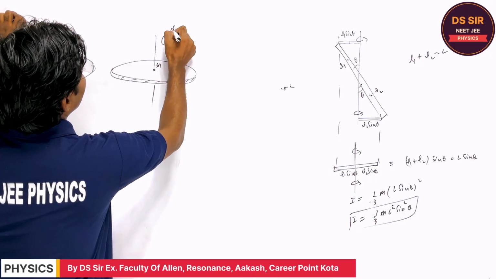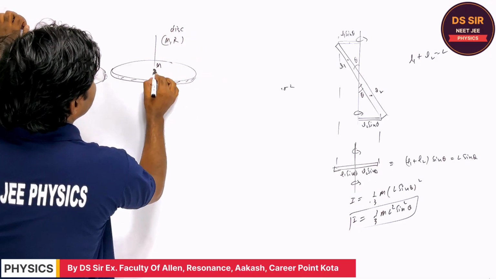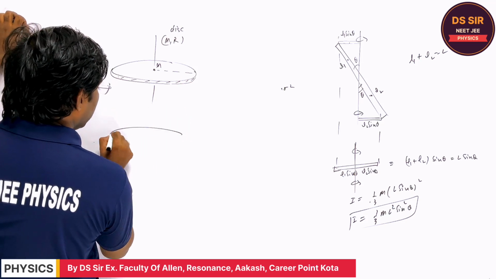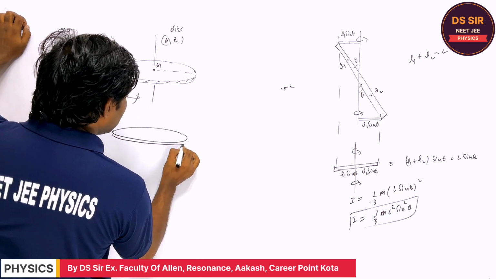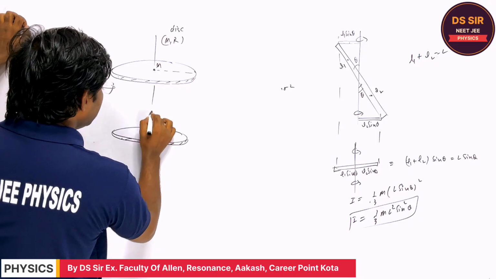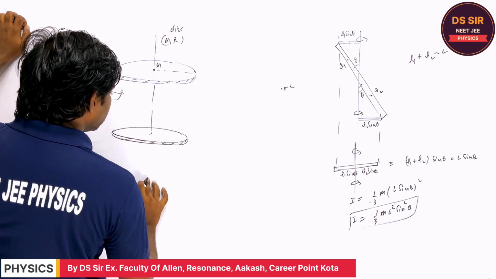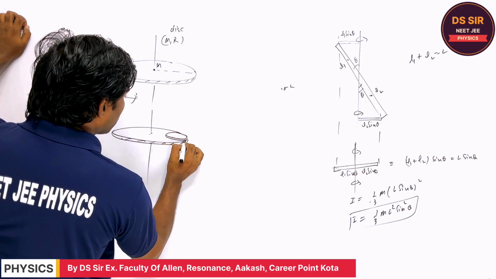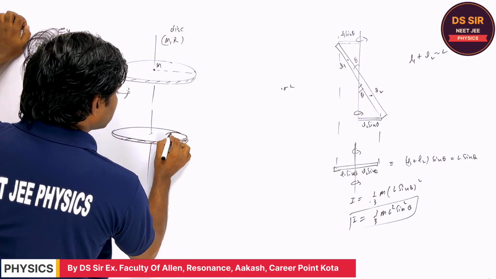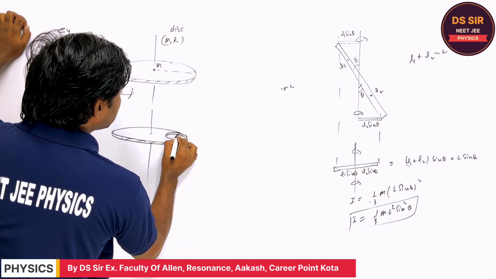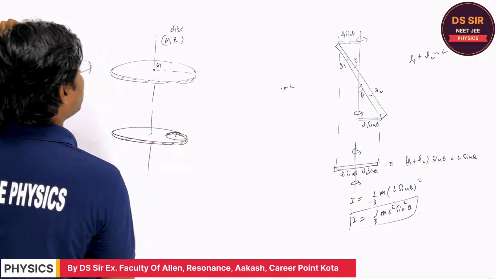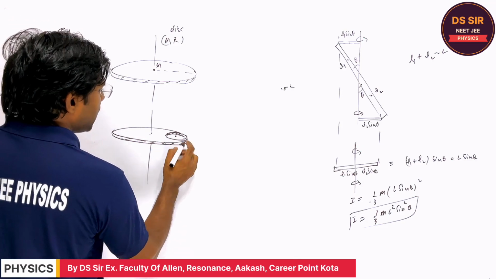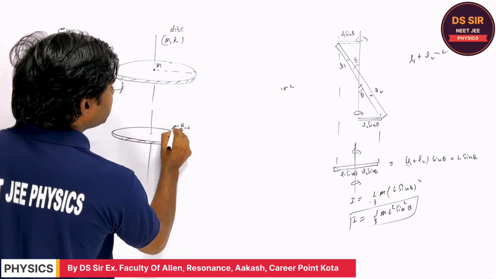Another disk is cut out from this solid disk, and whose radius is what? Say this is r, and this is r by 4. Are you getting?